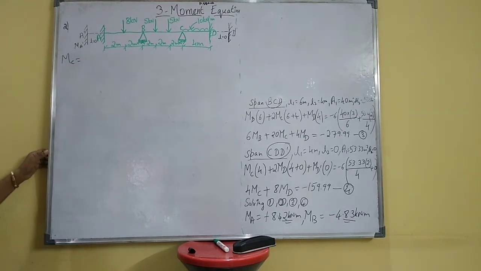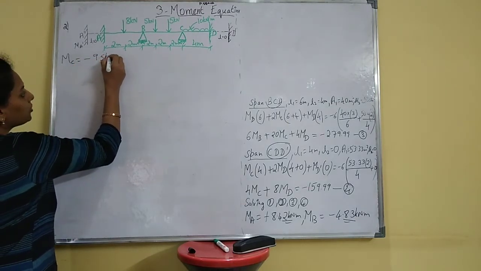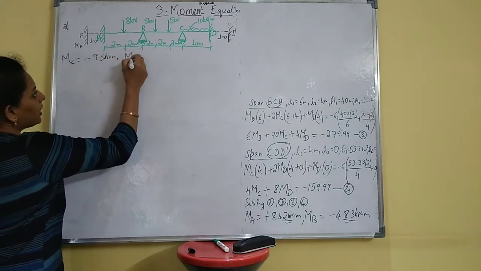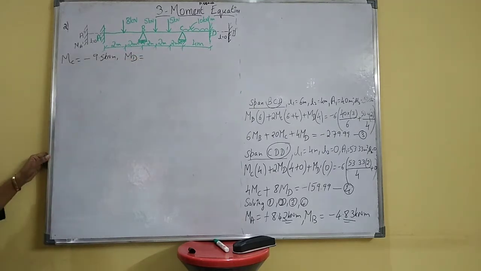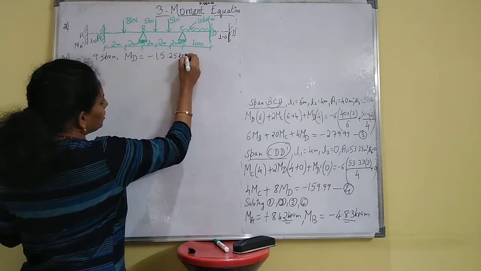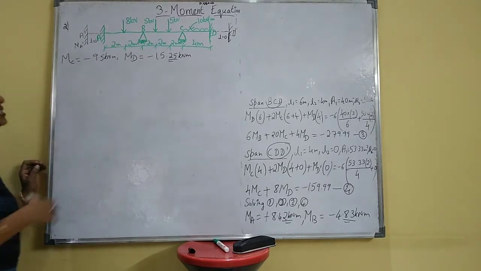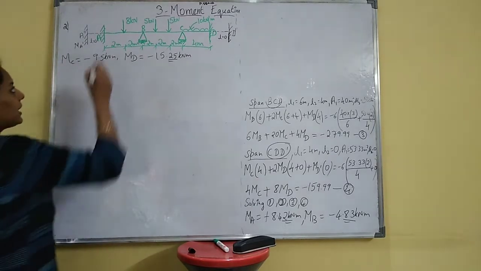MC is nothing but minus 9.5 kilonewton meter. MD is nothing but minus 15.25 kilonewton meter.